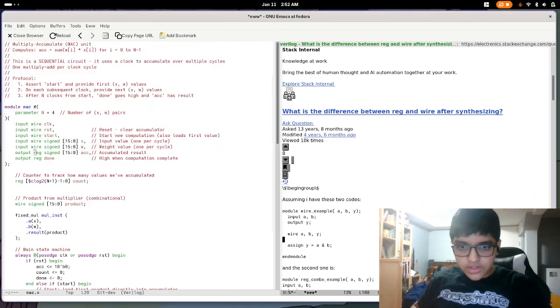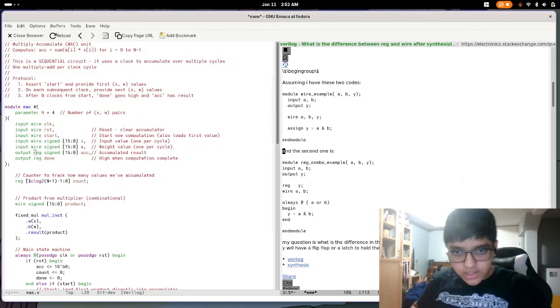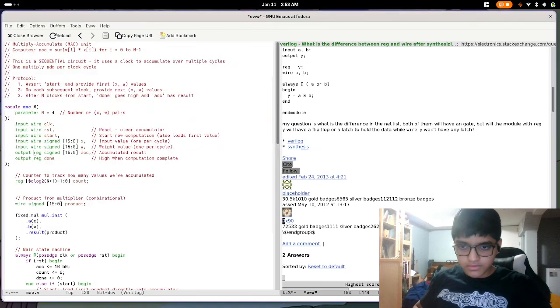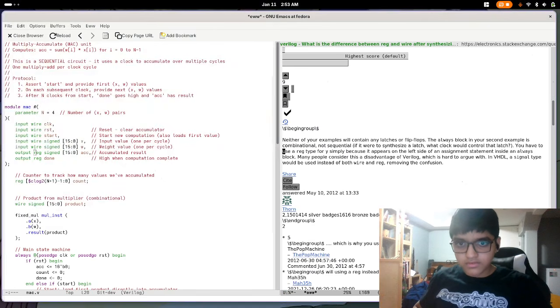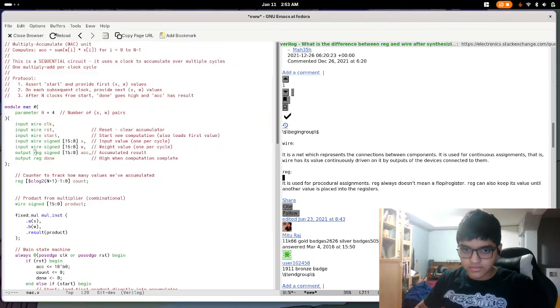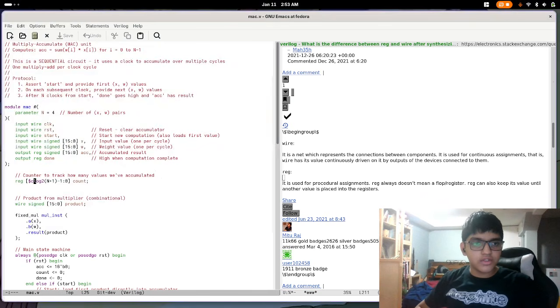Okay, so yeah, we have another register to count how many values we've accumulated.